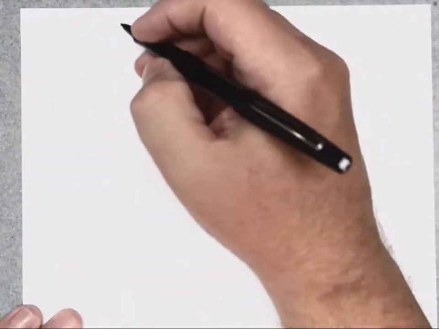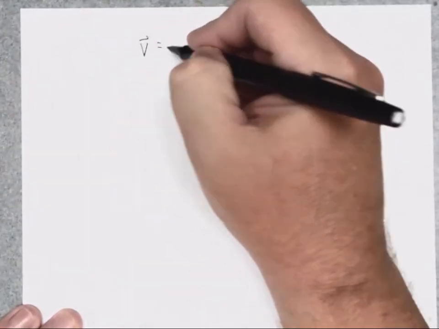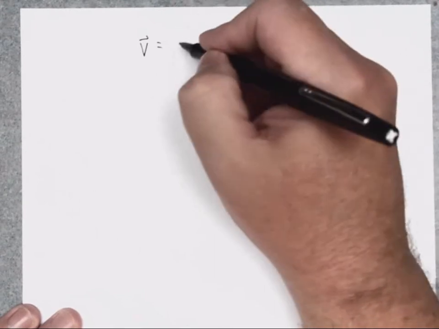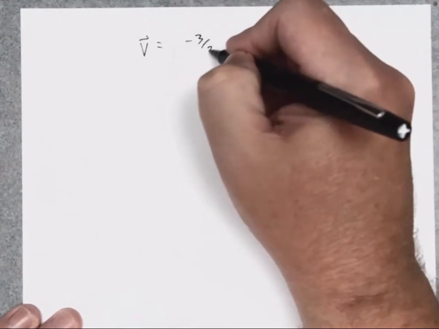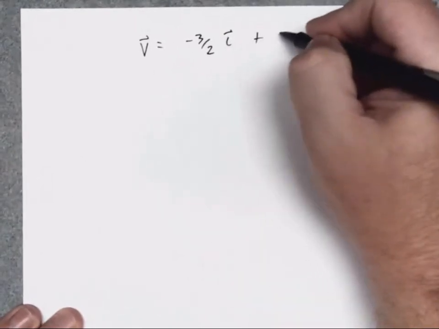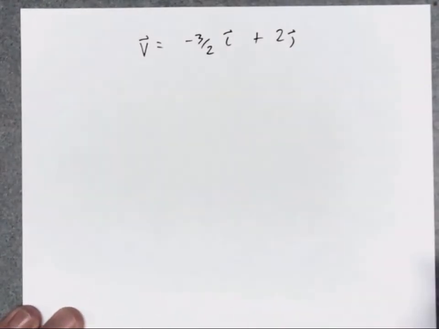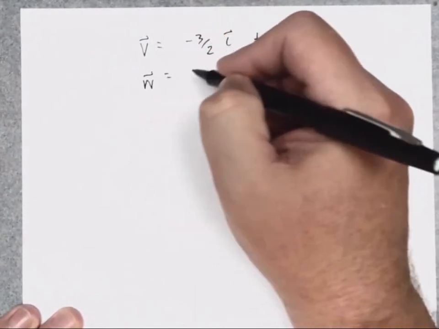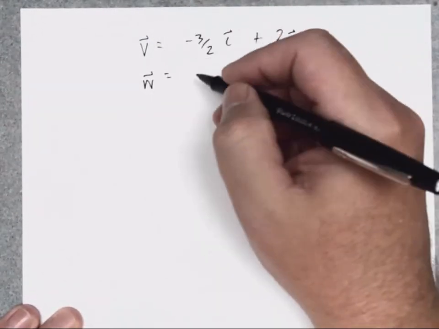How about vector v, oh, that's nice. Now we're dealing with fractions, which should be fun. There's vector v, and there's vector w.